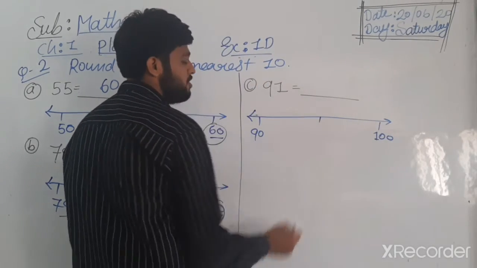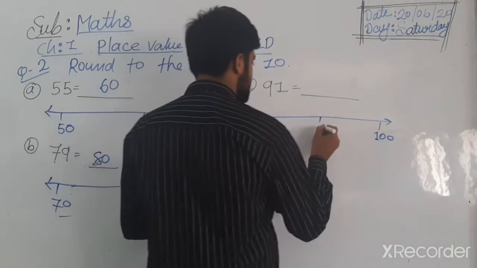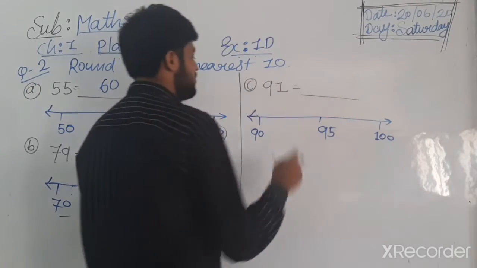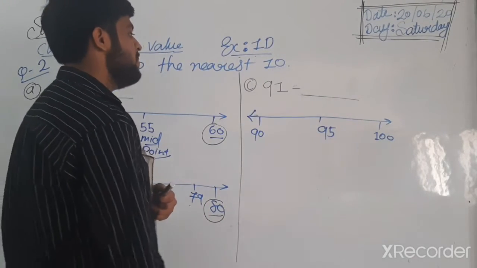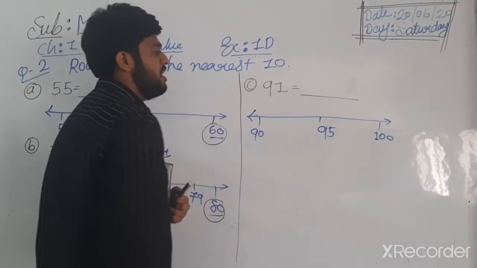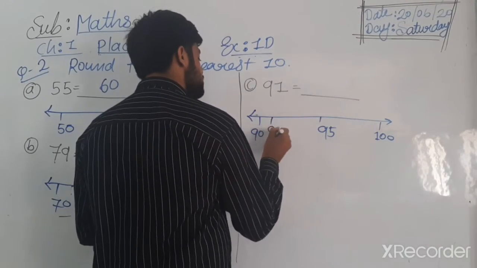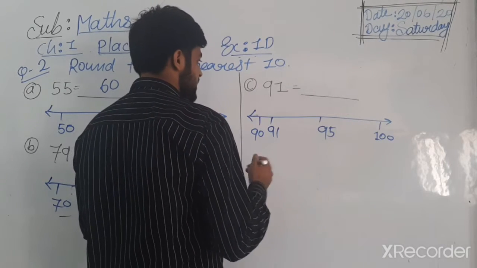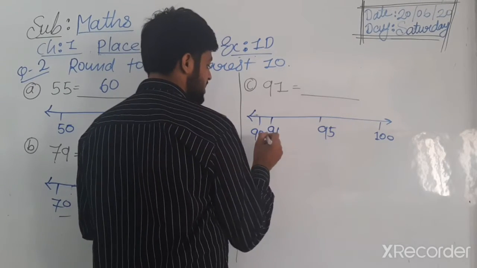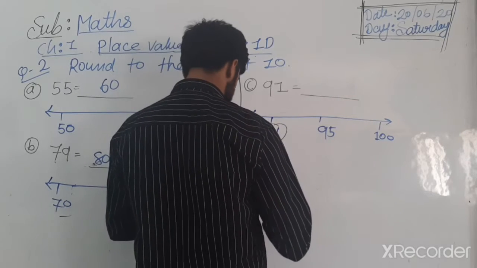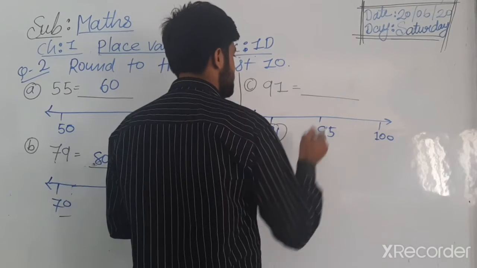In between, the midpoint is 95. Does 91 come before 95 or after 95? Before 95, and nearest to 90. So that's why we write 90 here.